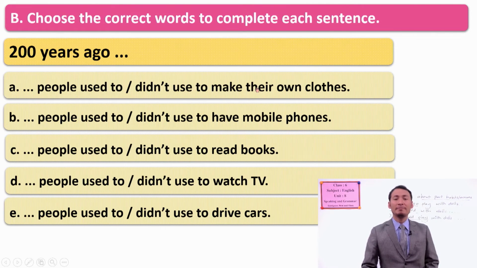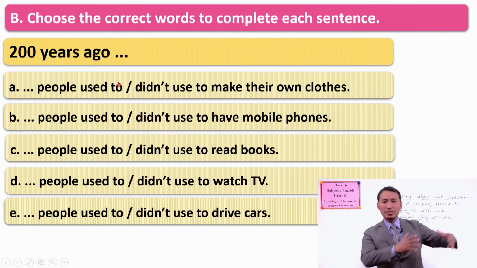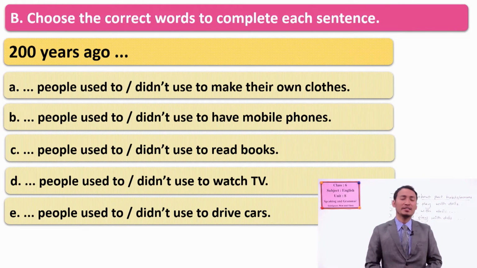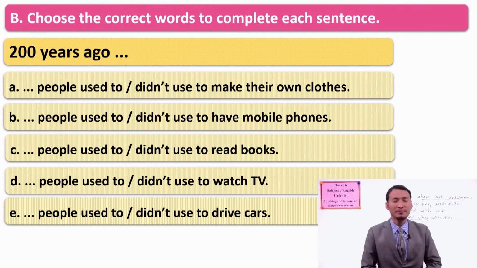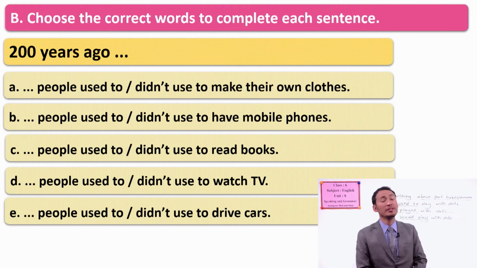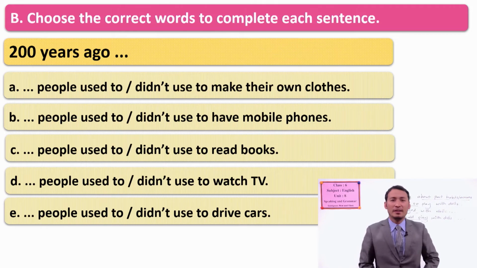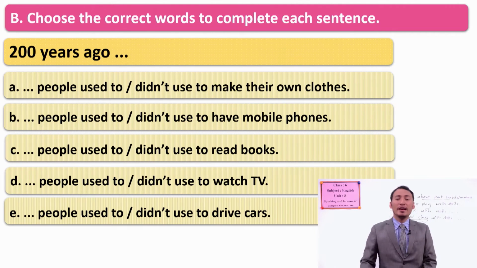So do you think that people went to shopping centers and bought some clothes for themselves before 200 years ago? I don't think so, right? And so they may be making their own clothes by themselves, because there were no such clothing shops many years ago.